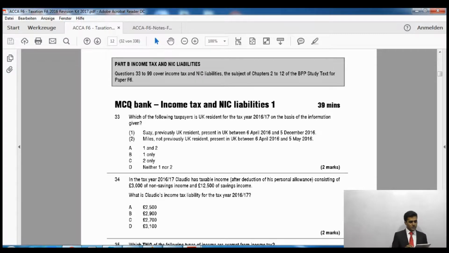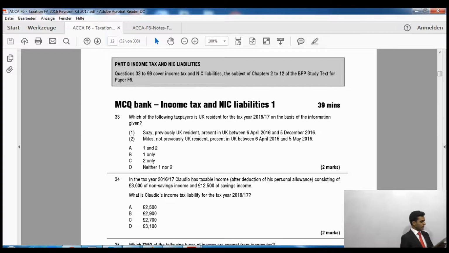What can you tell me from the table which will be given to you in the exam? Look at this table, which you can check in your notes just at the end of page number 6. Look at that table and tell me if Miles is UK resident or not. He was not previously UK resident, but he spent 30 days in the tax year, so he will come under the 16 to 45 row.